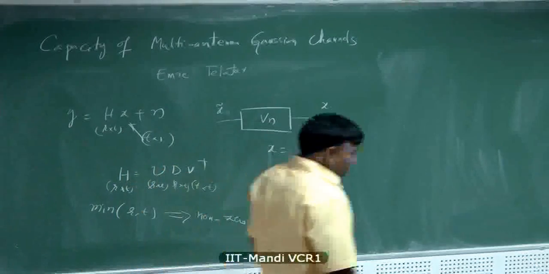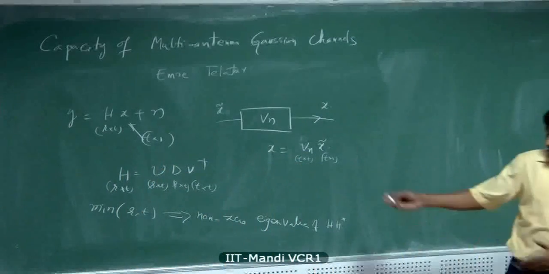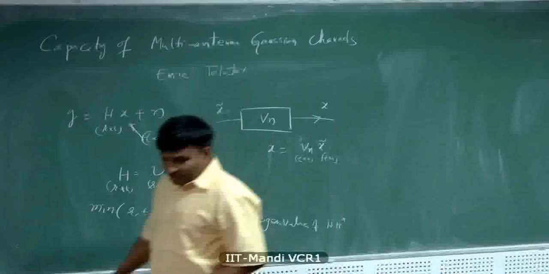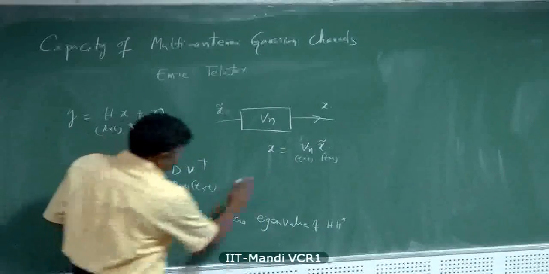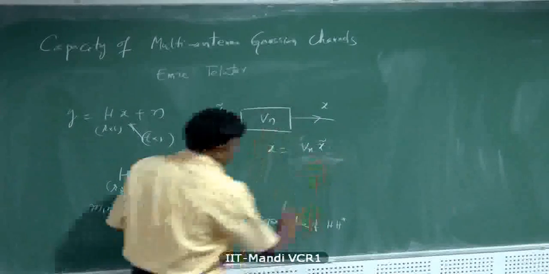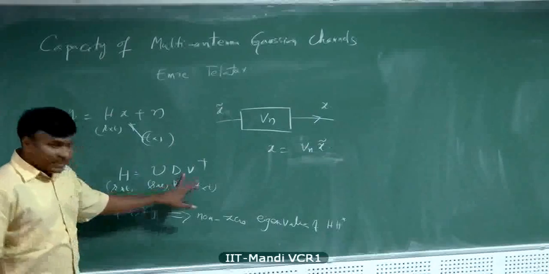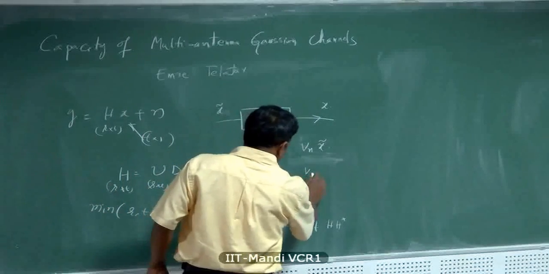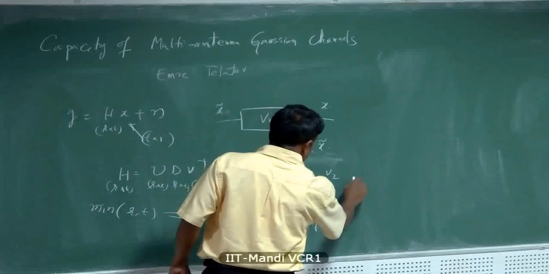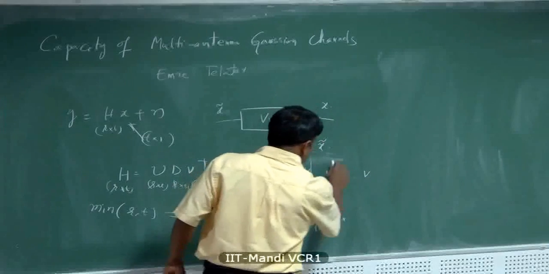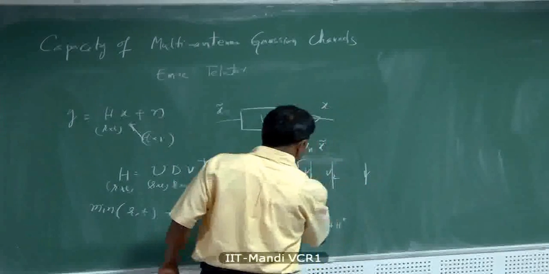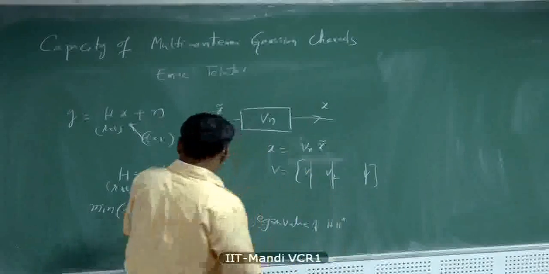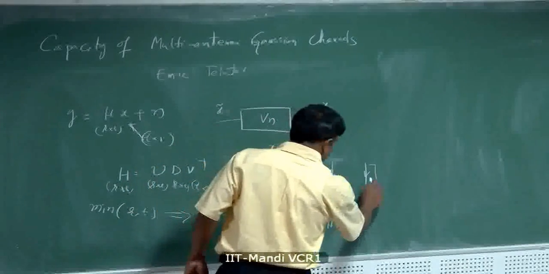So instead what we can do is, you can choose that way and then do power loading, but on the other hand, we can choose Vn from this V, where V is written as V1, V2, up till, these are the columns. How many columns are there? T by T, so T columns are there, right?